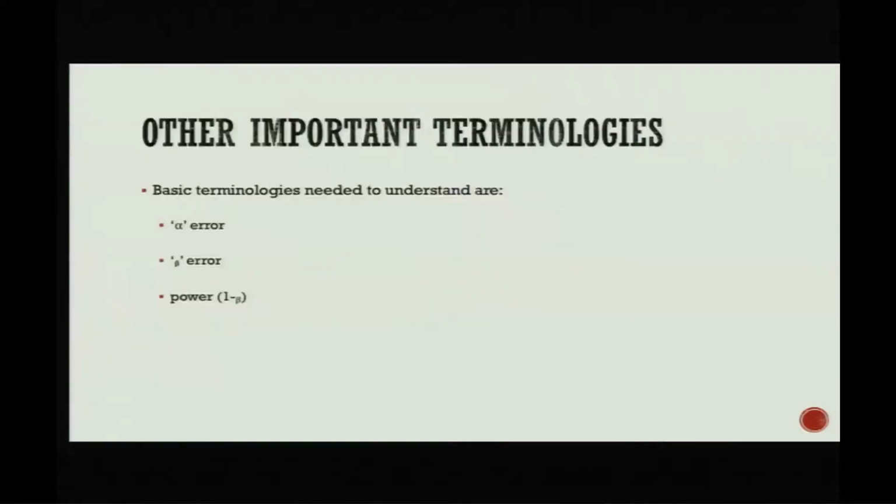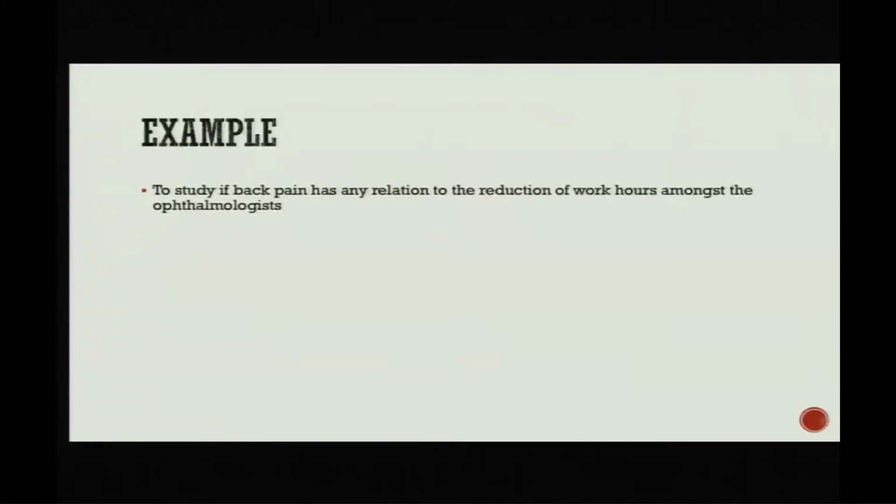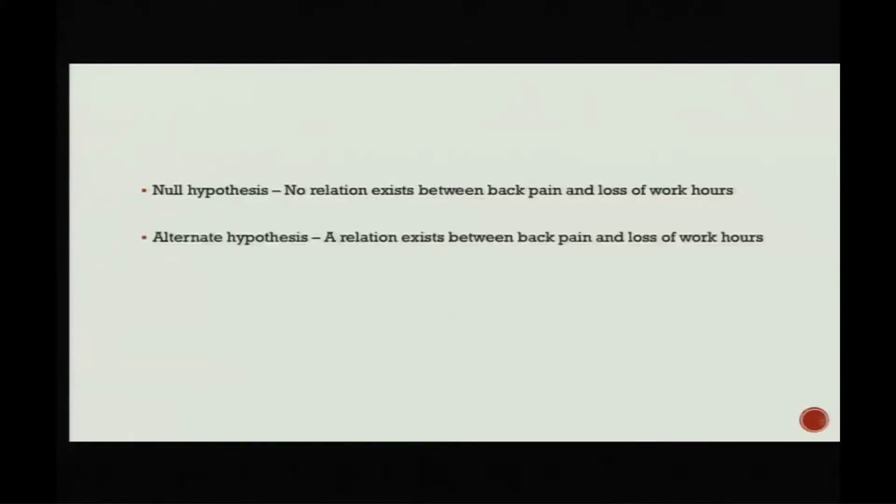The other important terminologies to be understood are the alpha error, the beta error, and the power of the study. This is an example where we wanted to study if back pain has any relationship with the reduction of work hours amongst the ophthalmologists.